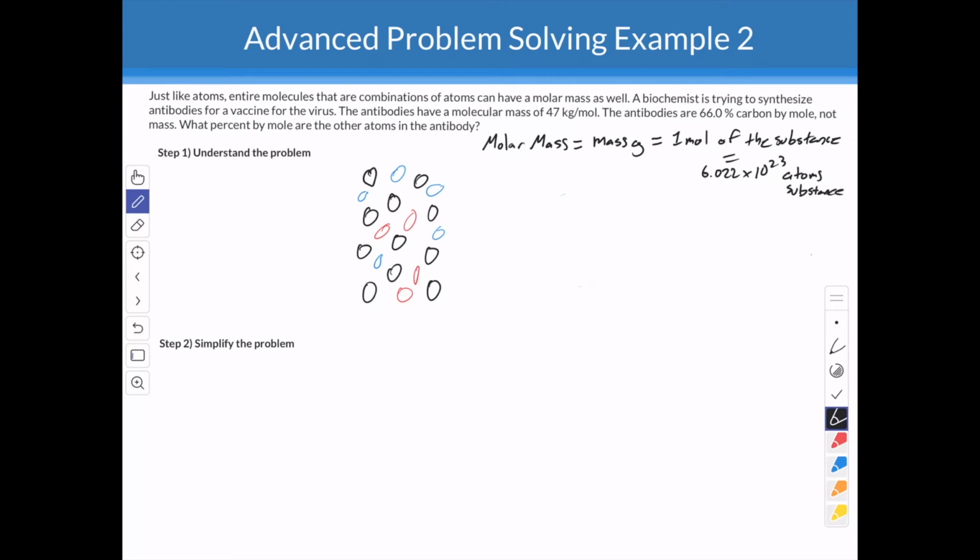Because the substance was always an element, right? But we also learned that a mole can be anything. We could have a mole of elephants, we can have a mole of couches. Well, this is a mole of molecules. So we should probably start thinking a little differently. If this has a molar mass and it's a molecule, it's 1 mole.